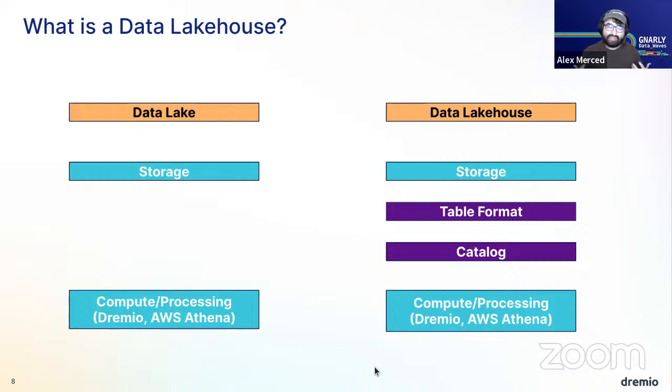Basically with this, you now had datasets in which you could do all your data warehouse type workloads, but directly on your data lake in a way that's flexible and open, using tools like Dremio and AWS Athena to process that data, and a variety of tools because it's a huge ecosystem. So that's essentially what the data lakehouse does.